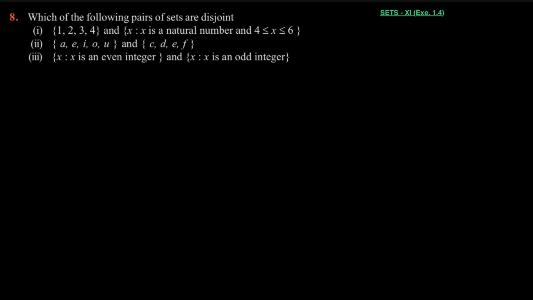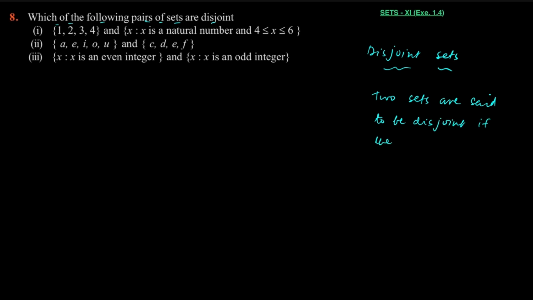Towards the next question. Question number 8 is, which of the following pairs of sets are disjoint? So what are disjoint sets? Two sets are said to be disjoint if they have no element in common.